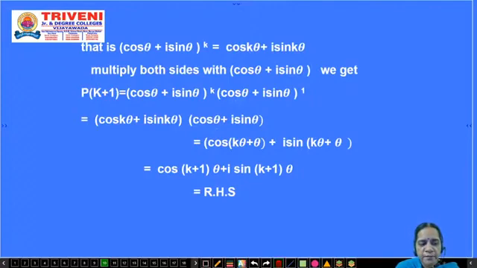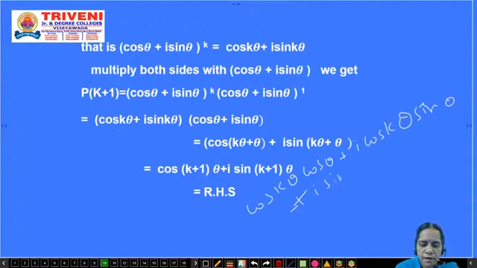Multiplying these two, we get cos k theta into cos theta, plus i into cos k theta into sin theta, plus i sin k theta into cos theta, plus i square into sin k theta into sin theta.